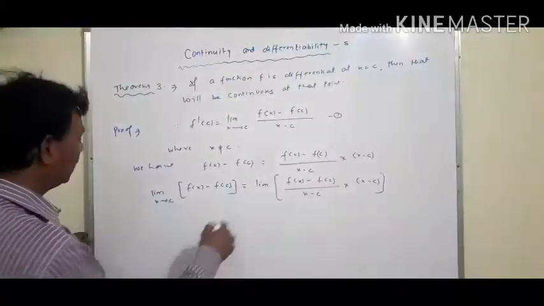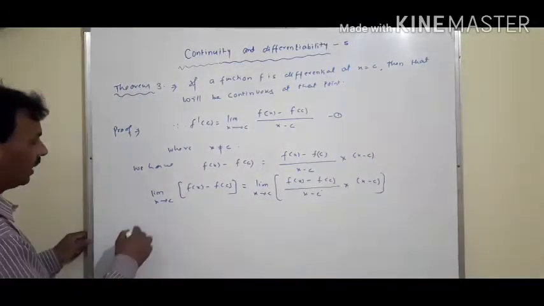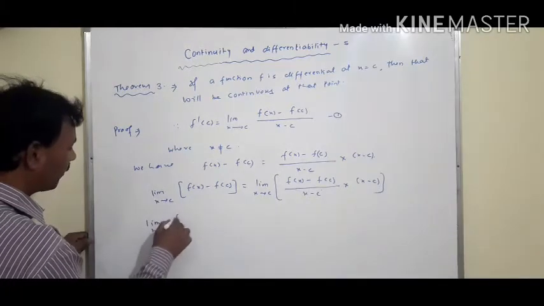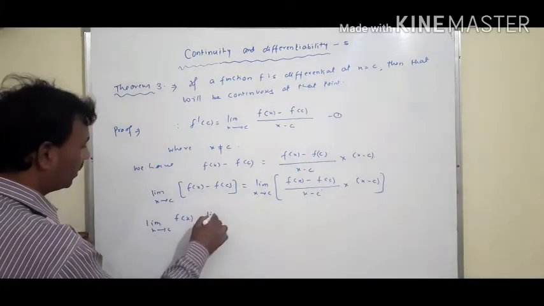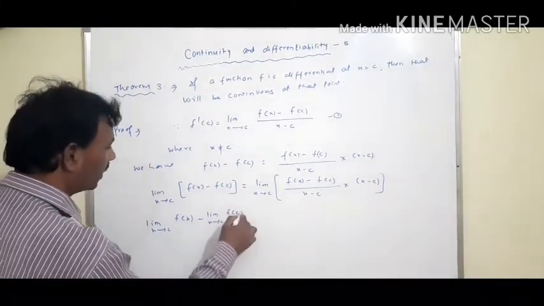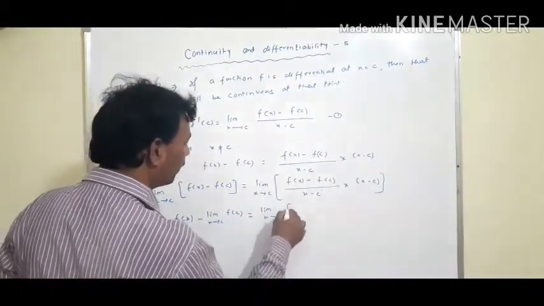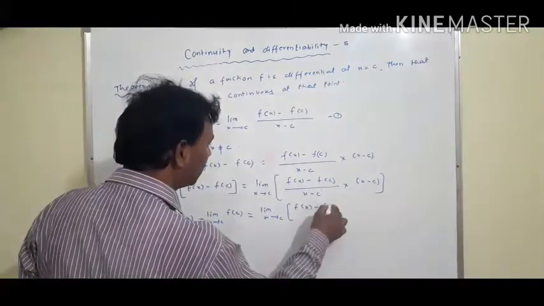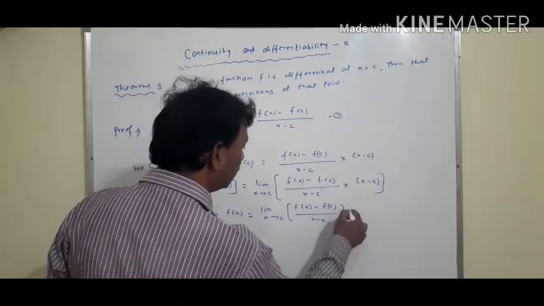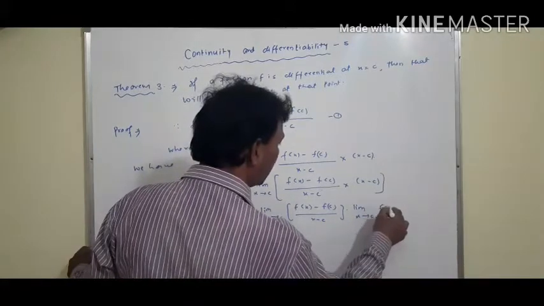By the algebra of limits, we can write limit x tends to c of f of x minus limit x tends to c of f of c is equal to limit x tends to c of f of x minus f of c whole upon x minus c, into limit x tends to c of x minus c.